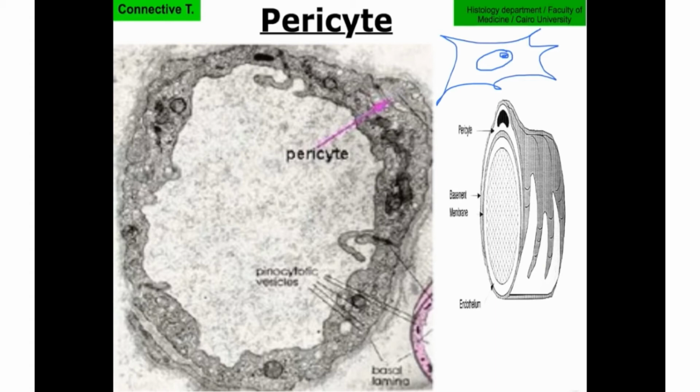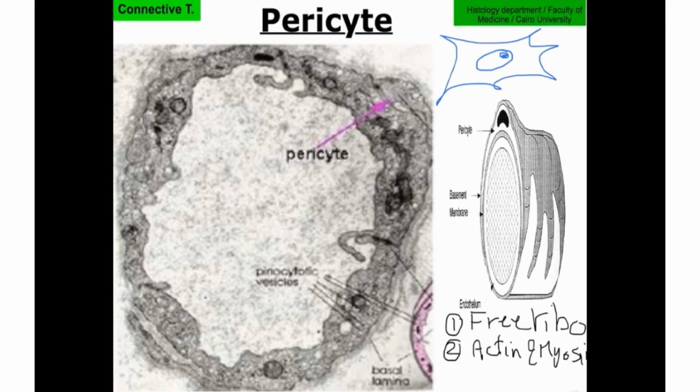As regards the EM, you will expect to have free ribosomes like their mother, and also an element which is very important for their function, which is a network of actin and myosin, as these cells are capable of contraction. So they have the contractile elements, actin and myosin.